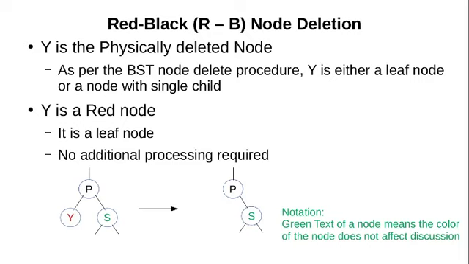After deletion of leaf node Y, the corresponding branch of node P turns nil as per the BST delete procedure. Deletion of a red node does not introduce any red-black property violations, so no additional processing is required.